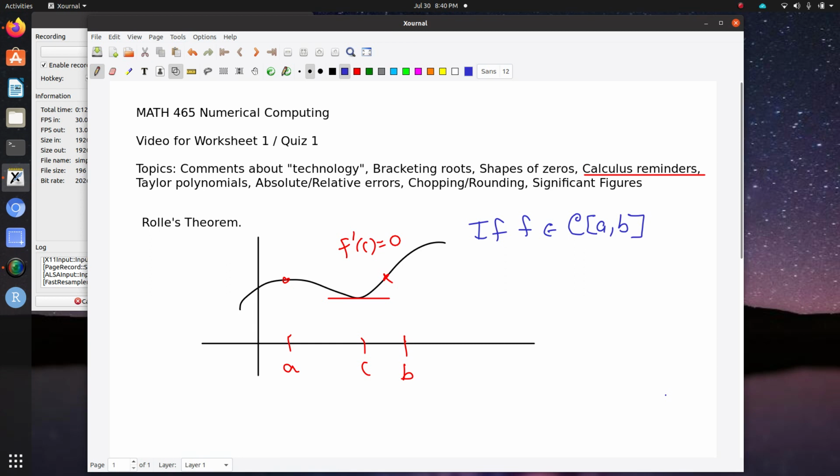Okay, and we want this to be differentiable. If you forgot what differentiable means, you probably want to refresh on that interval.